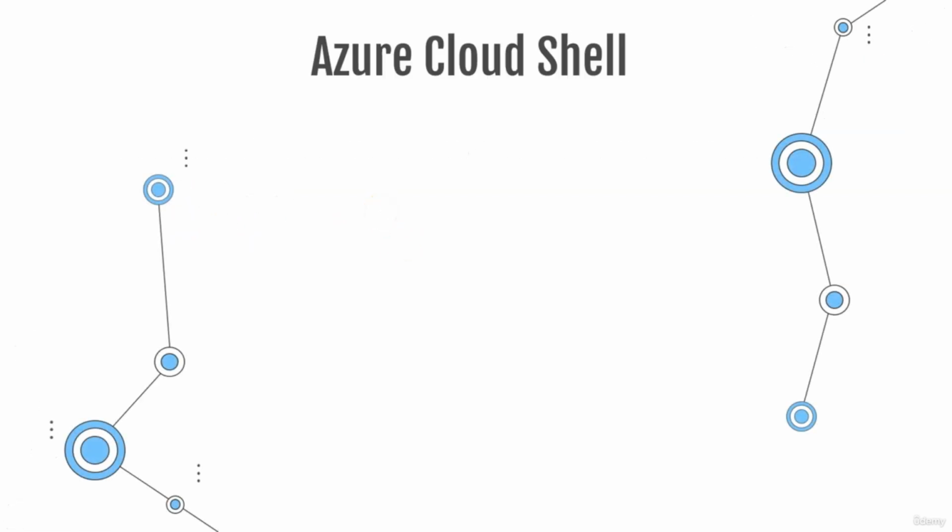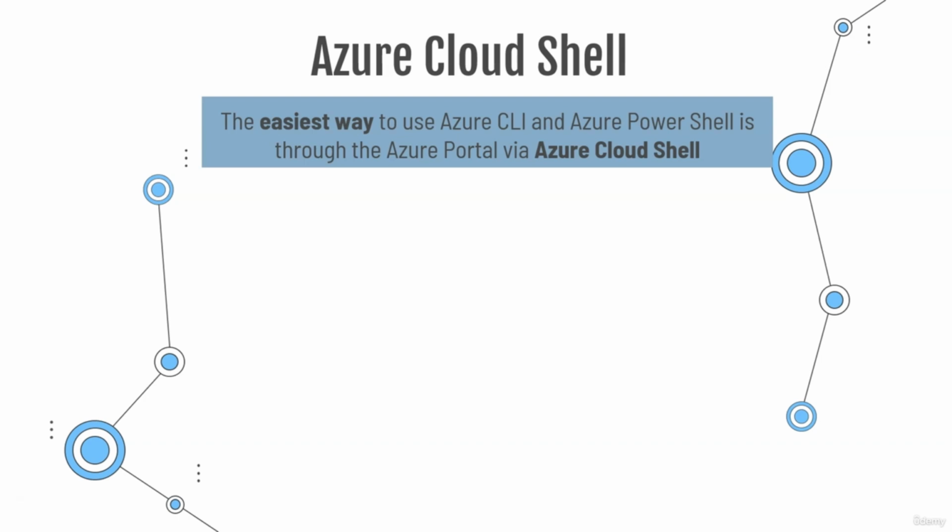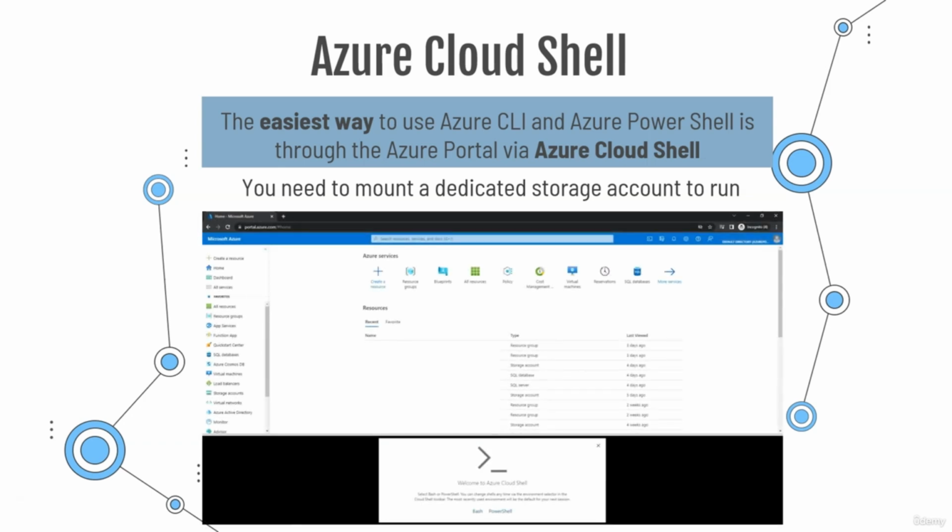But now there's a way that is even easier to use the Azure CLI and the Azure PowerShell, and this is the Azure Cloud Shell. All we need is to set up a dedicated storage account, and then we can access the PowerShell or the Azure CLI by using our Azure portal. This is very easy to find.